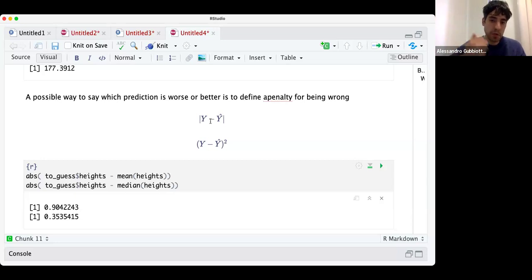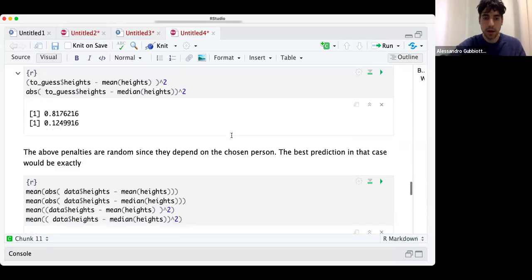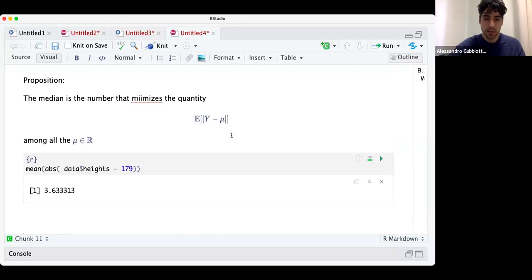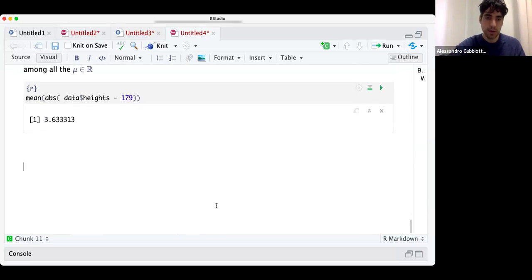So you pay a little bit less for the outliers, and the median is not really outlier dependent. You can check it by putting in some numbers, taking the mean, putting in outliers, and seeing how the mean and median behave.